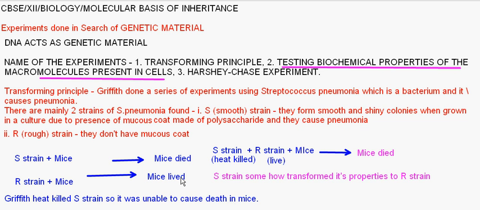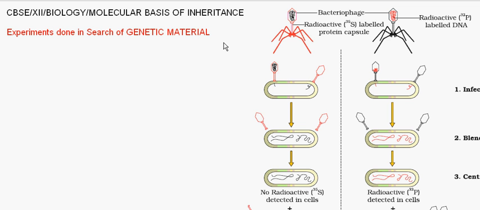Now coming to the most important experiment, done by Hershey and Chase. This experiment finally decided that DNA is the genetic material. We know that bacteriophages are the viruses which attack and grow inside the bacterial cells.